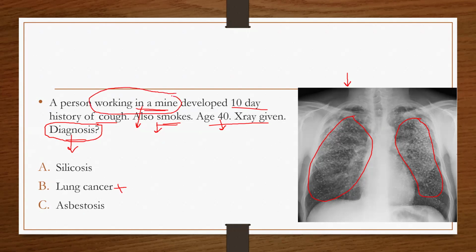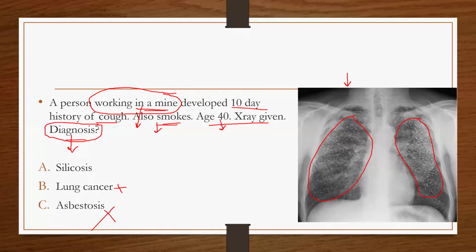When you see this, you know this person is more likely to be exposed to silica particles when he works in a mine, and not to asbestos. So you can exclude asbestosis also. Then you are left with silicosis, which is actually the correct answer. So even if you don't know anything, if you rationally work out and exclude some answers, you will be left with the correct answer.